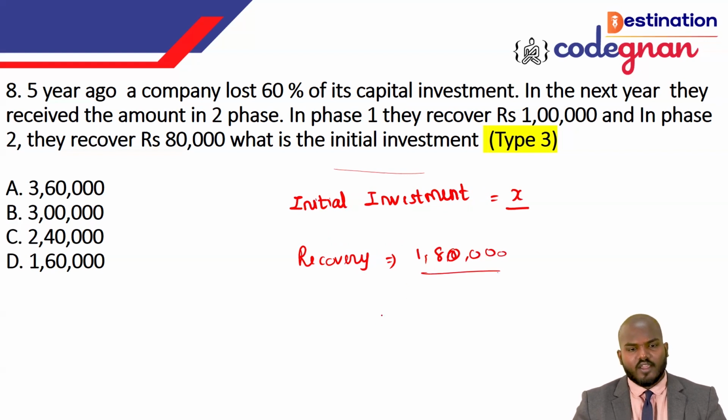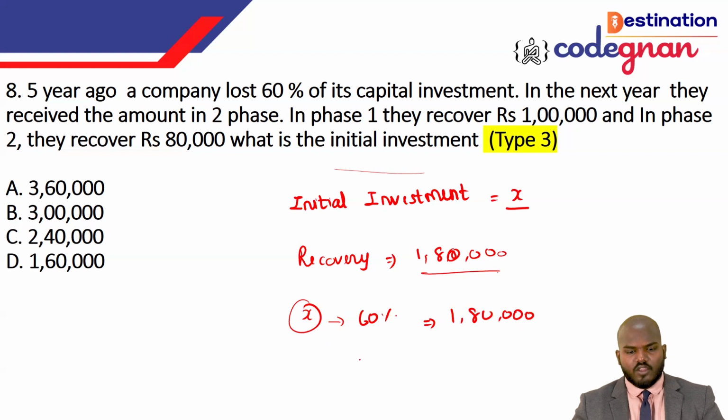But here it is clearly saying that we had a 60% loss. That we just want to find out. So X is the initial amount. This is the bulk amount here. In this one, we have the 60% loss, and you're getting 1 lakh 80,000 rupees in your hand.